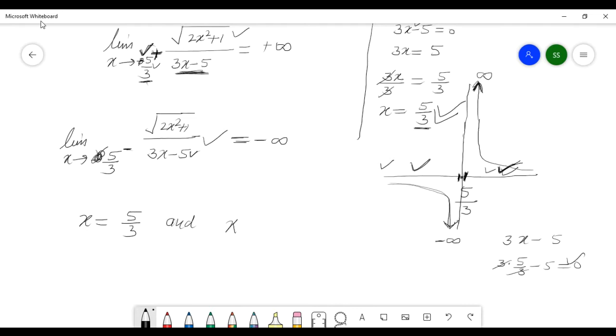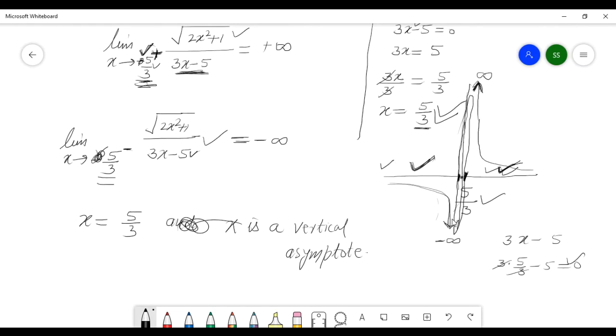You can check by taking a number bigger than 5 by 3 and a number smaller than 5 by 3. So x equals 5 by 3 is called the vertical asymptote. This line is the vertical asymptote.